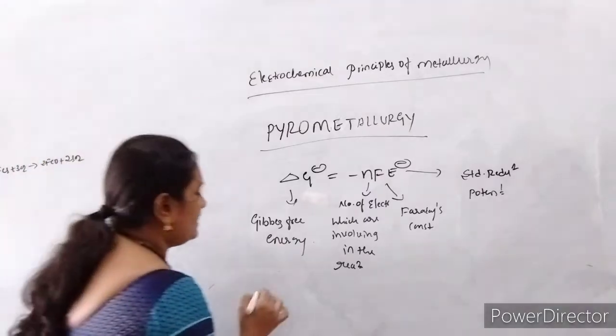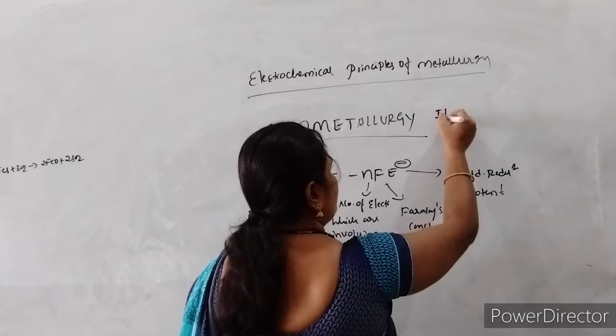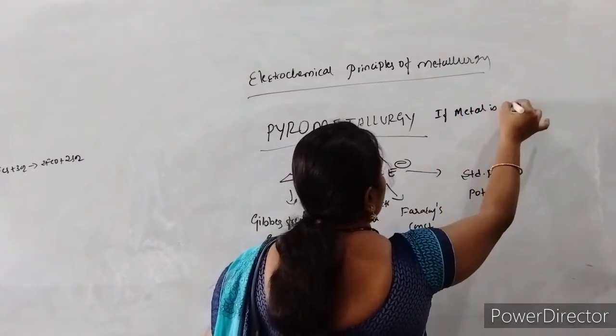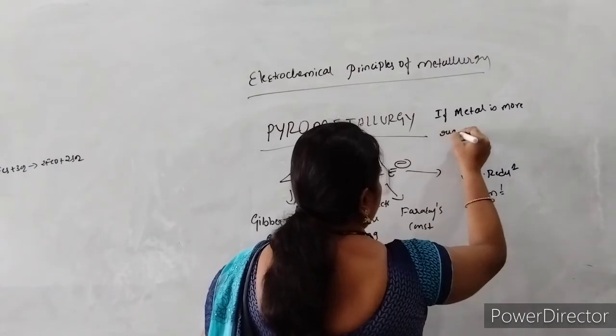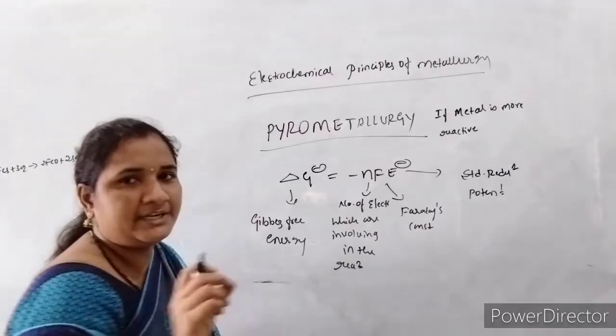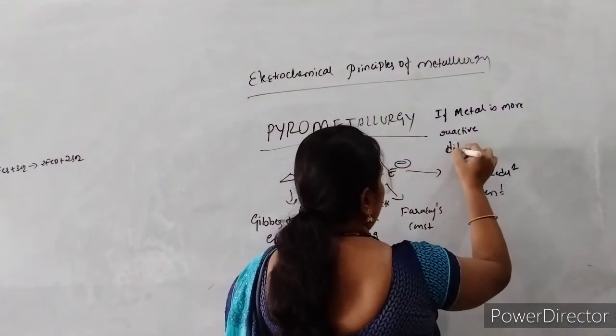If the metal is more reactive, it has a more negative electrode potential. So it is difficult to reduce that metal.